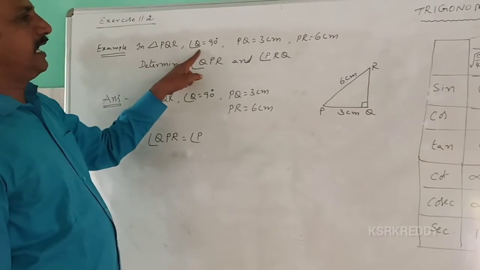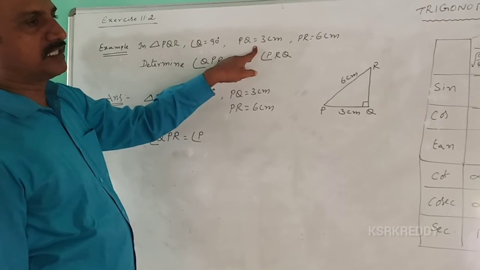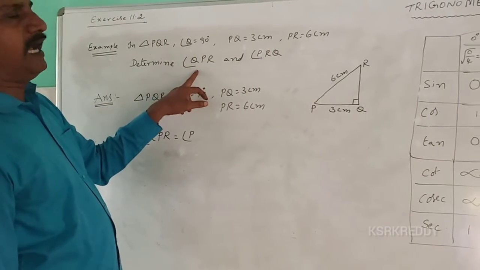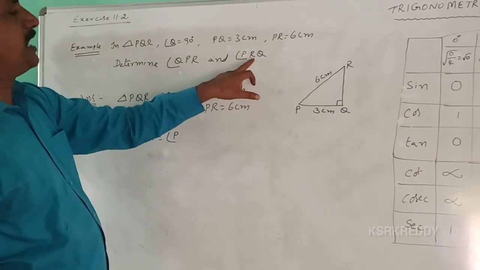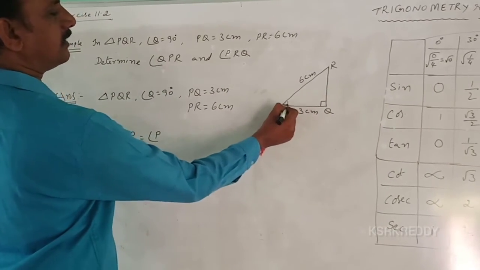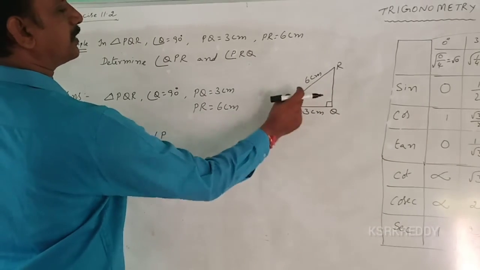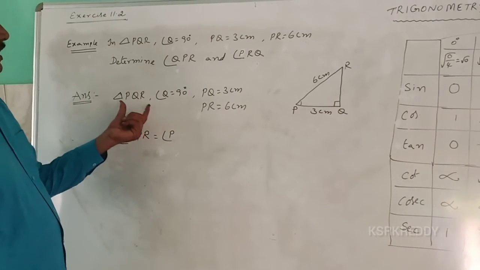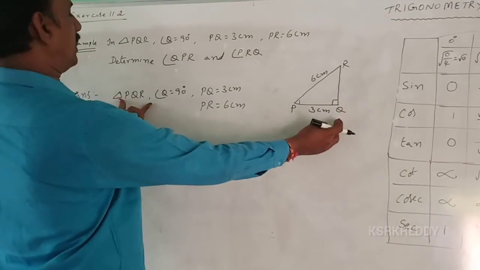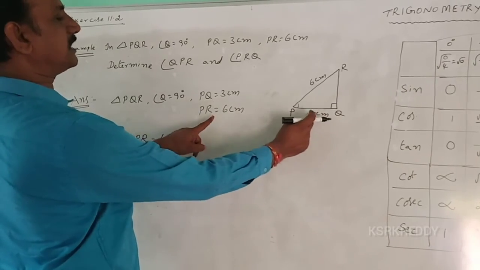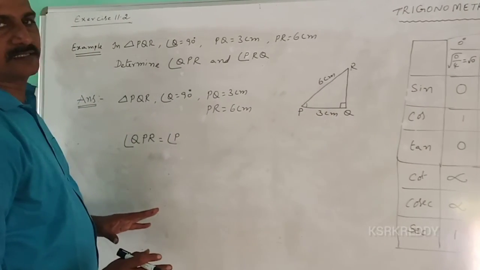Another example. Triangle PQR, angle Q equal to 90, PQ equal to 3 centimeters, PR equal to 6 centimeters. Determine angle QPR and PRQ. QPR means angle P, and PRQ means angle R. So it is a right angle triangle. Triangle PQR, angle Q equal to 90, PQ equal to 3 centimeters, PR equal to 6 centimeters.